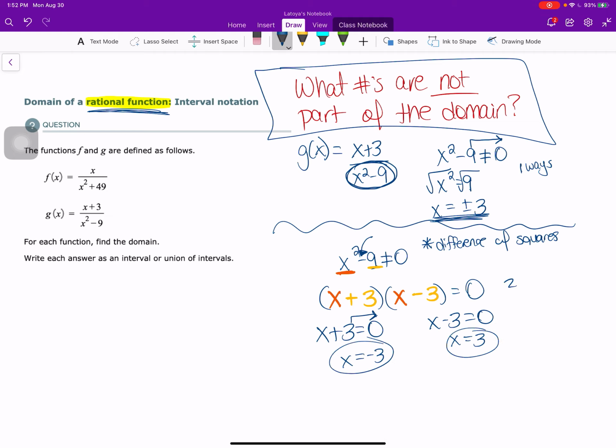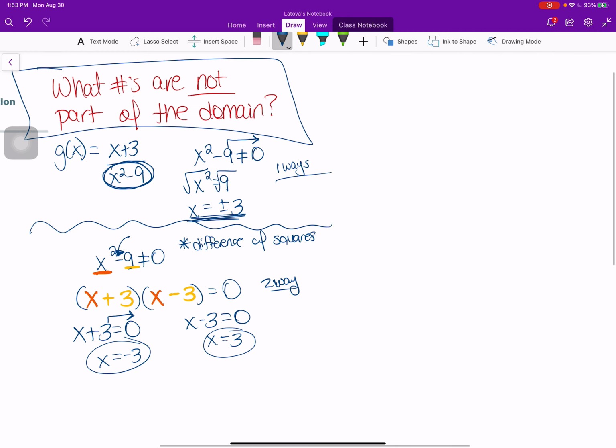So this is my second way to solve this. It doesn't matter which way you work it out, you're going to see that I cannot substitute 3 and negative 3 into that denominator. Why? Because if I did, my denominator would be equal to 0, and we can't have 0 in our denominator. That rational expression would be undefined.